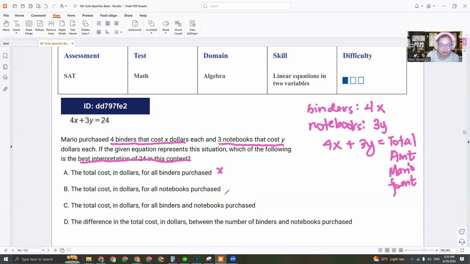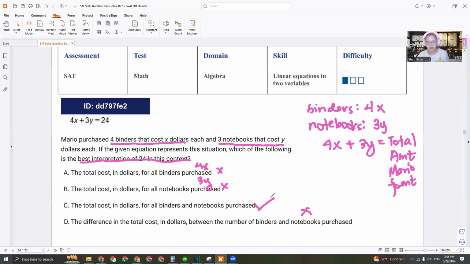So nope, we know this is just 4x. We know this is 3y, correct? And yes, it is 24. That's what it represents. And this one is incorrect because we're not dealing with any difference in cost.